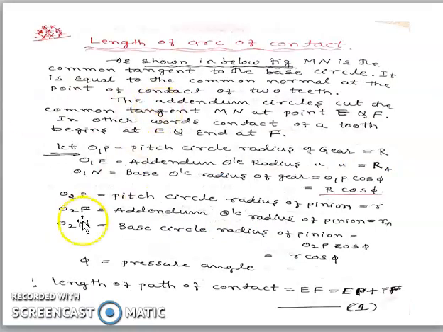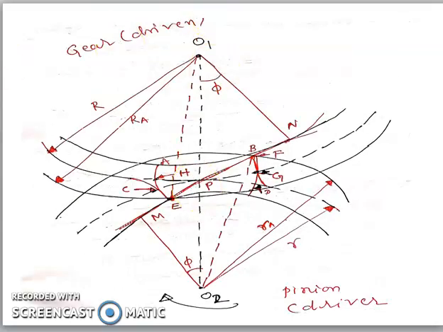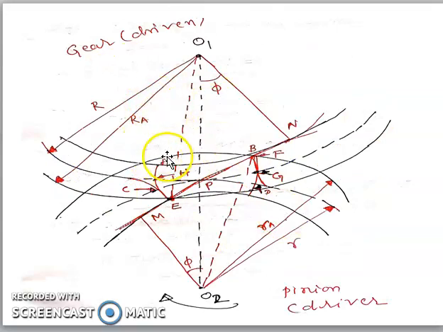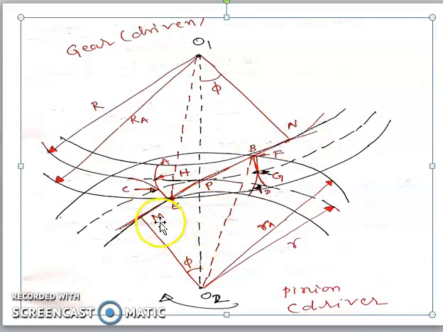Below, the figure shows two figures; you can refer to either, both are the same, but I will go with this figure, which is easier compared to the previous one.